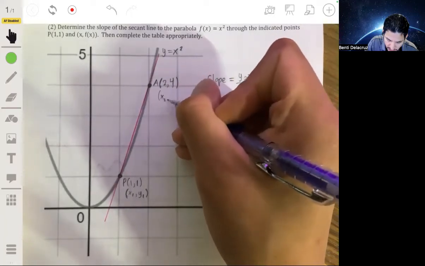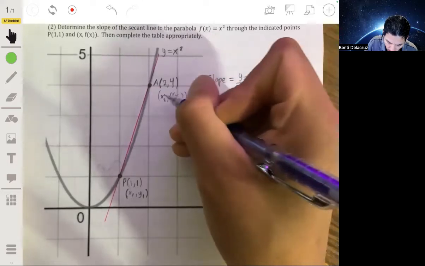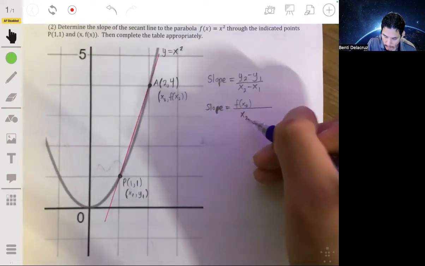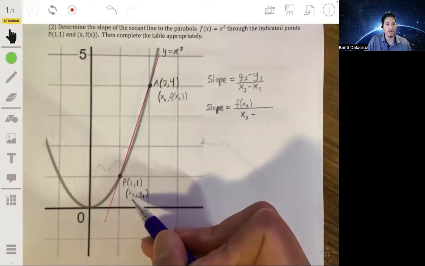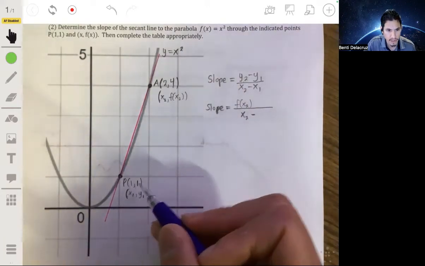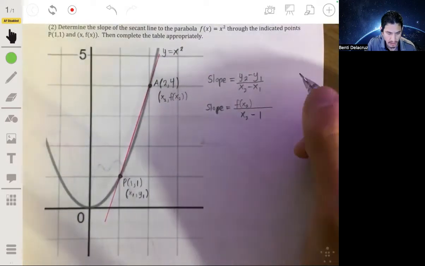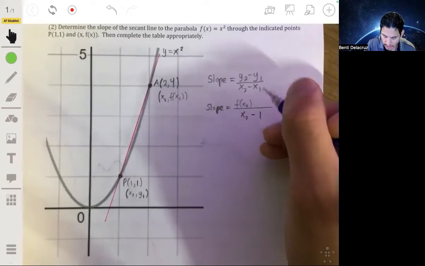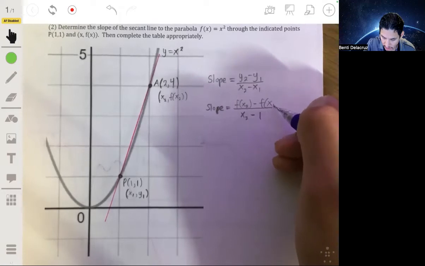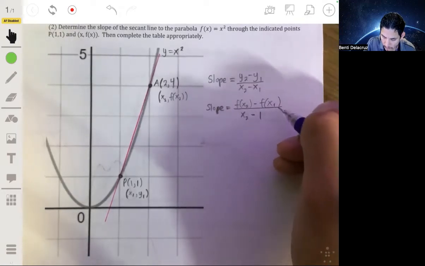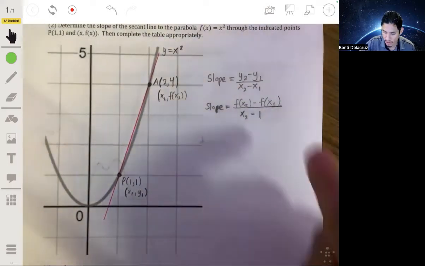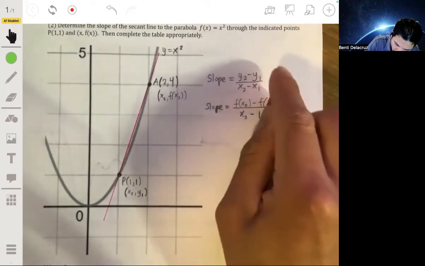So let's write this as x2 and f of x2. Now, our x1, we're always going to be looking for the slope of the secant line that goes through this point. So x1 is always going to be 1. And then y1 will be calculated by f of x1. Or instead of writing f of x1, we just write f of 1.